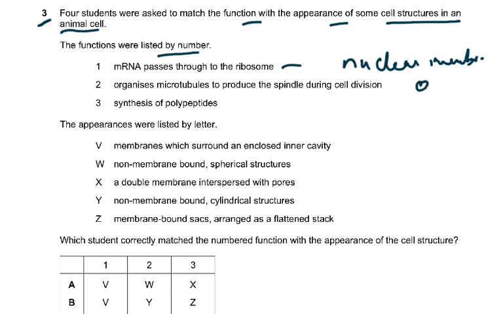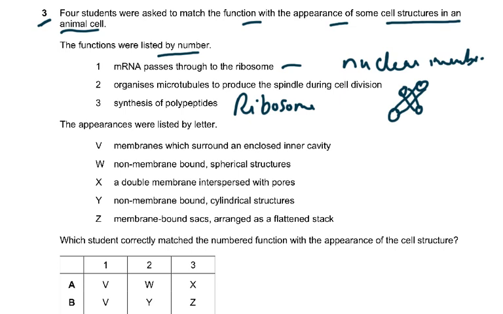Now this is of course the centrioles. Organize microtubules to produce spindle during cell division. Then synthesis of polypeptides would be on the ribosomes, because mRNA goes and attaches on the ribosome, and then of course the tRNAs bring the appropriate amino acids and a polypeptide chain will be constructed.